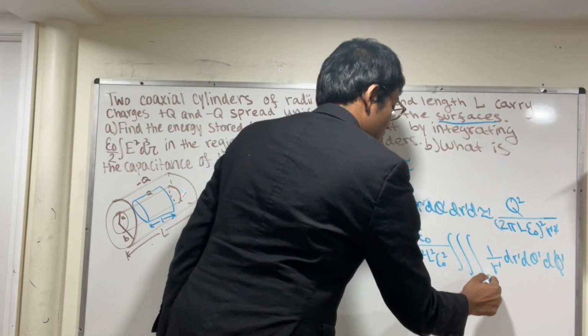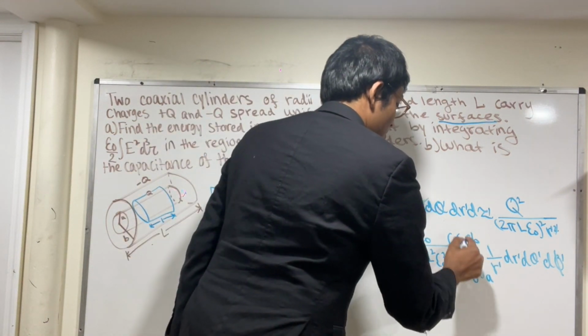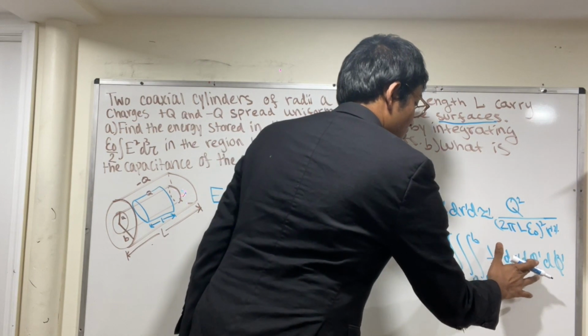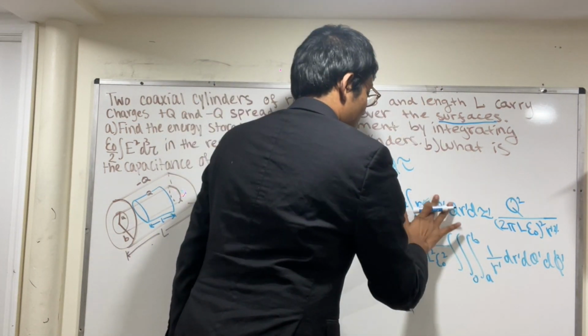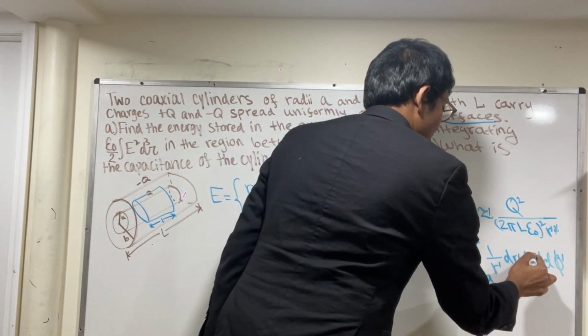Now r prime is going to go from the inner to outer radius, A to B. Theta goes from 0 to, now I should use, see again I messed up my variables. This should be phi, this should be phi, this should be z.